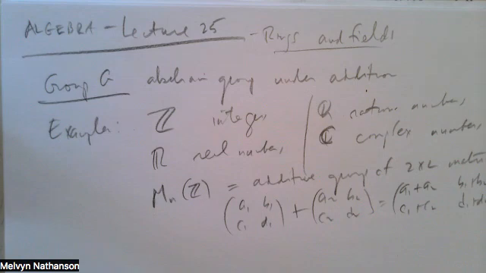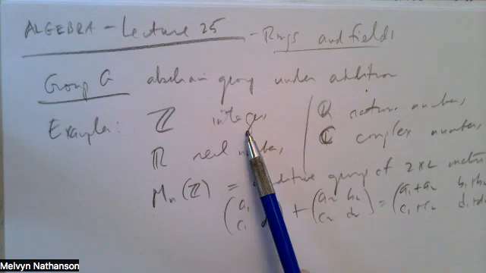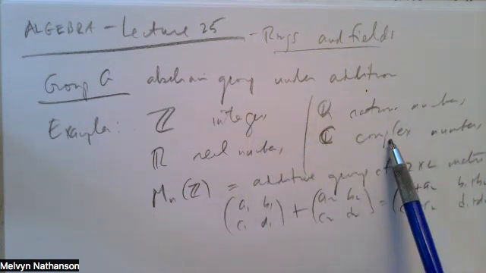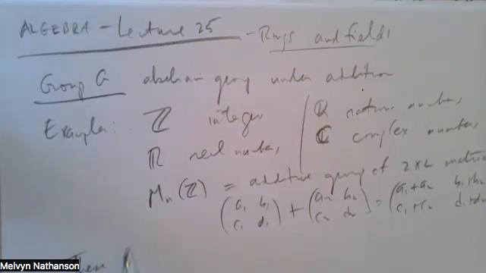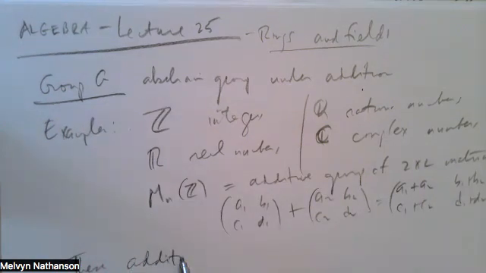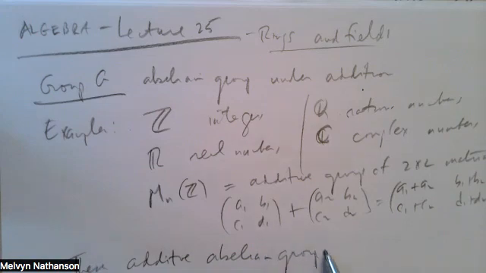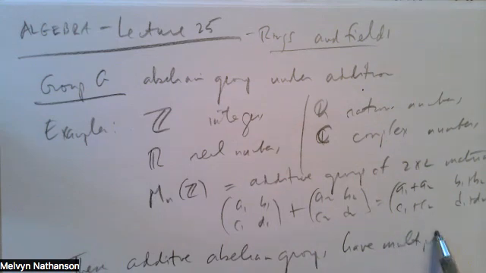But in each of these groups, there is also a multiplication. That is, we can multiply integers or rational, real, and complex numbers. We can multiply 2 by 2 matrices. So these additive abelian groups also have a multiplication operation. And this multiplication is associative.